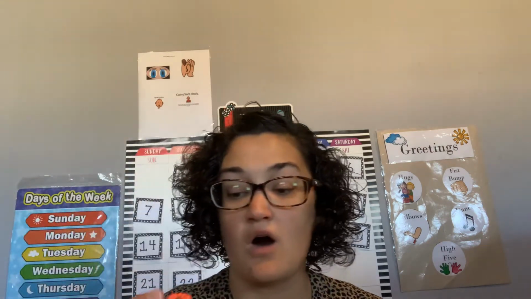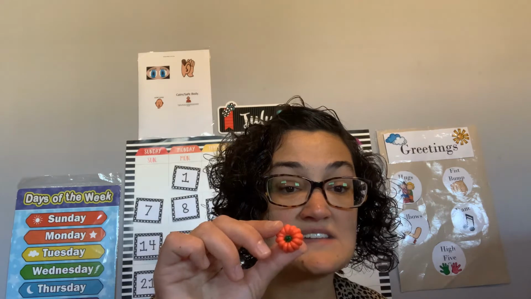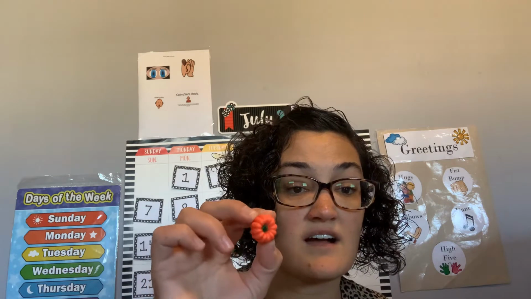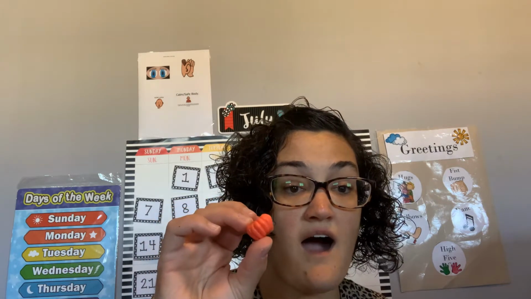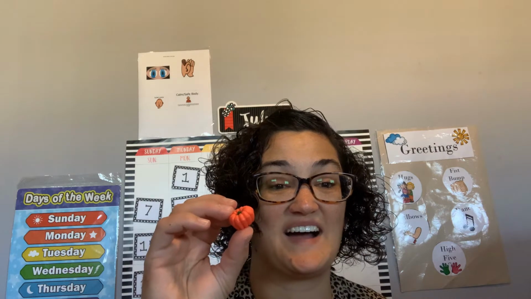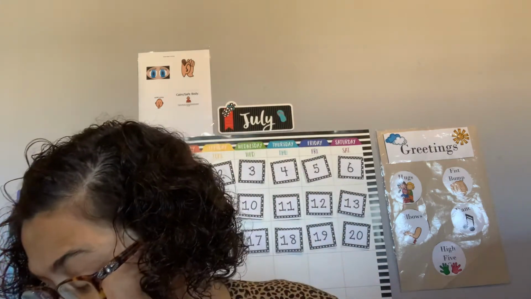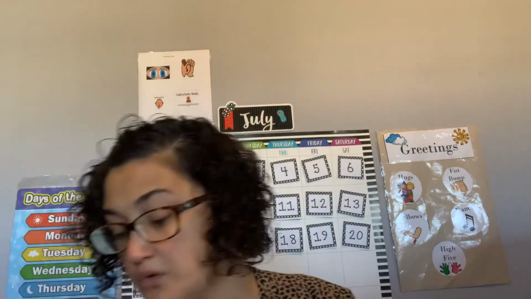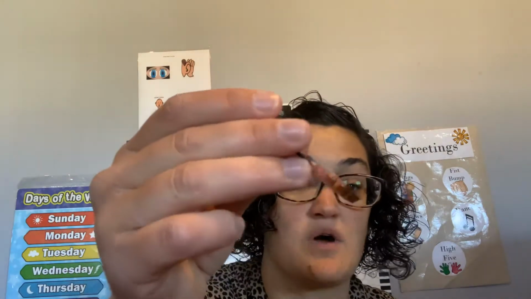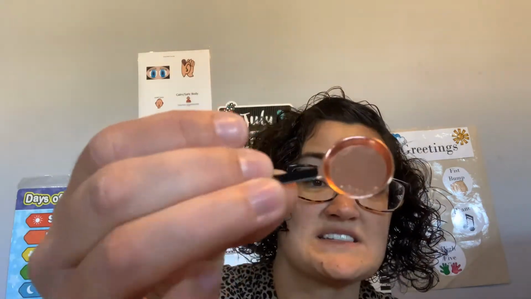What is this called? Pumpkin. Pumpkin goes in the P bucket. Ooh, this is small, so I'll bring it close to you. But what is this called?